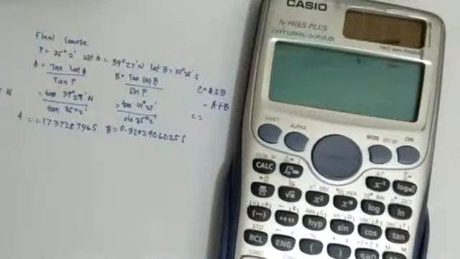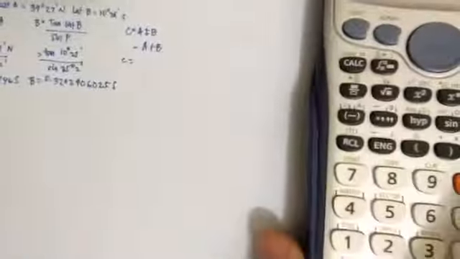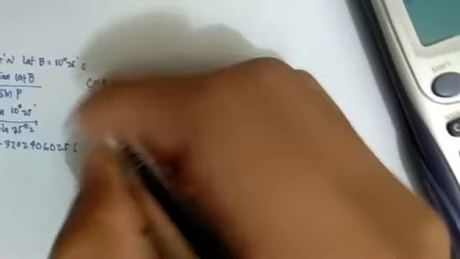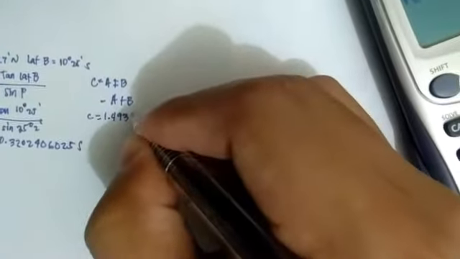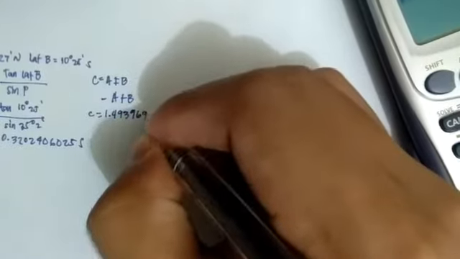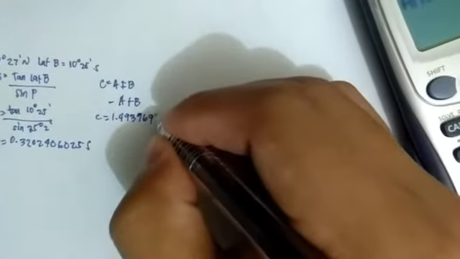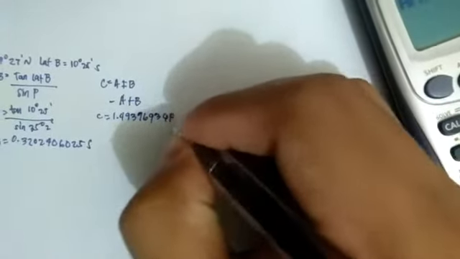So we will get the C of 1.493969,348. So that would be our C.